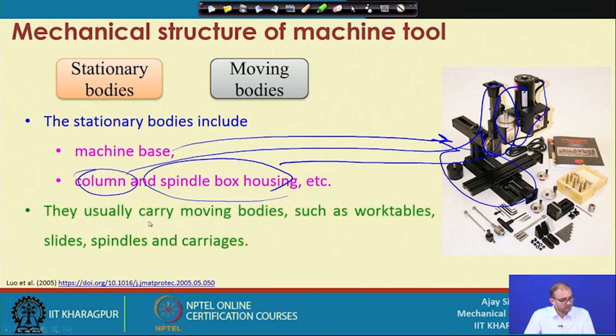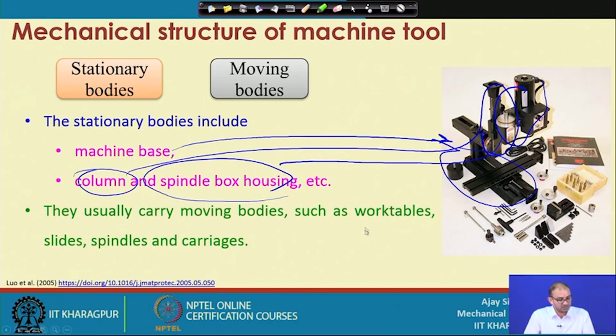Then they usually carry moving bodies. So, once you install these stationary bodies, then what we are doing, we are putting different movable things, that is we are putting the servo motor or stepper motor for x and y motion, then you are putting the same motor for the z motion, you are putting a carriage also on the top of it, and then you are putting different rotations around the axes also.